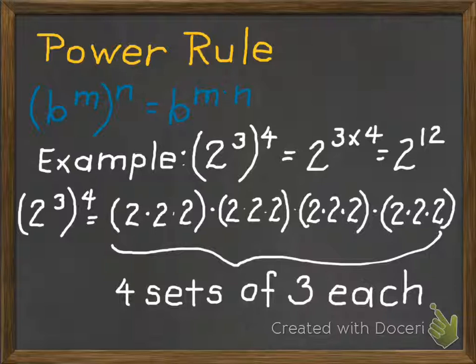So you see there we have 4 sets of 3 2's, each with 3 2's. And that is 2 to the power of 12. So that is why with a power rule we multiply the exponents.